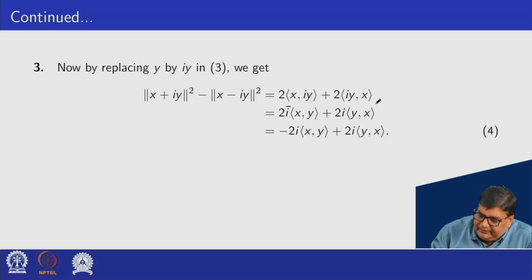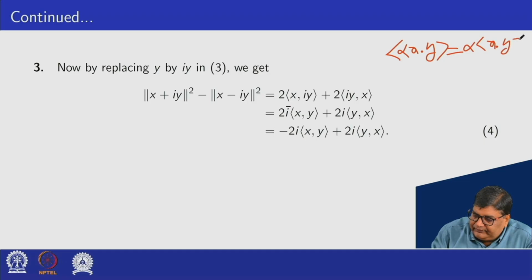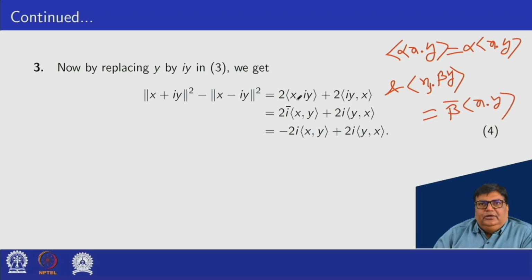Again, apply the property: inner product of alpha x, y equals alpha inner product of xy, and inner product of x, beta y equals beta bar inner product of xy. So by this property, we write 2 i bar inner product of xy, and this is 2 i inner product of yx.